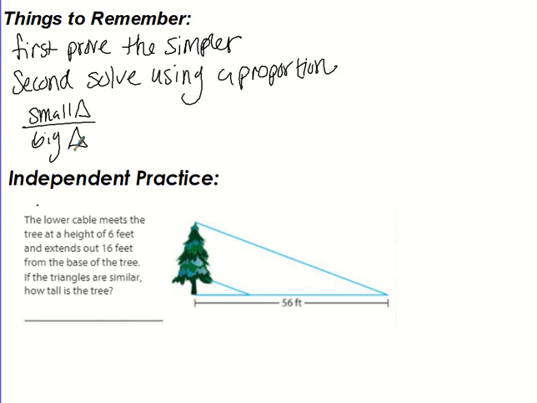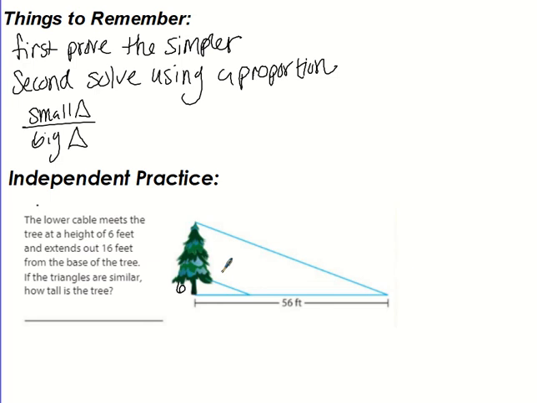Okay, so the lower cable meets the tree. I cut off some of this. These are cables. I think I cut off part of this question, so I apologize. The lower cable meets the tree at a height of 6 feet. Height is this way. This is not a height. We would call that a slant height, or just a normal length.